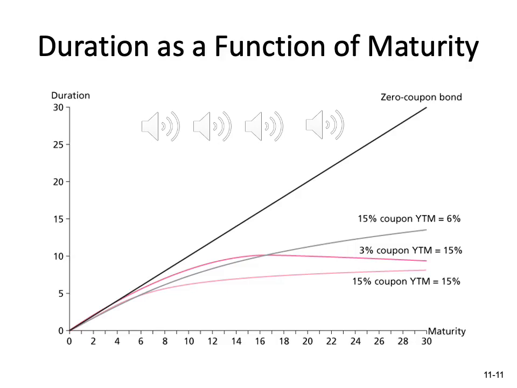So when we're comparing the gray curve and the light pink curve, both of them have a 15% coupon rate. Well, the gray curve has a yield to maturity of 6%, which is lower than the yield to maturity of 15% for the light pink curve. You can see the lower yield to maturity bond has higher duration than the light pink curve.